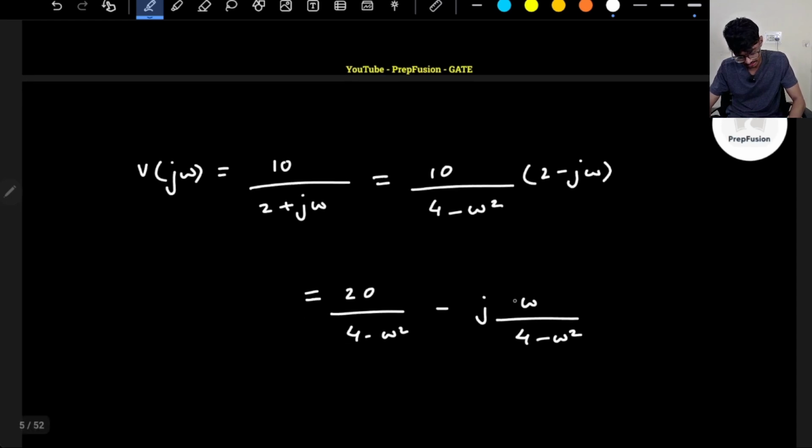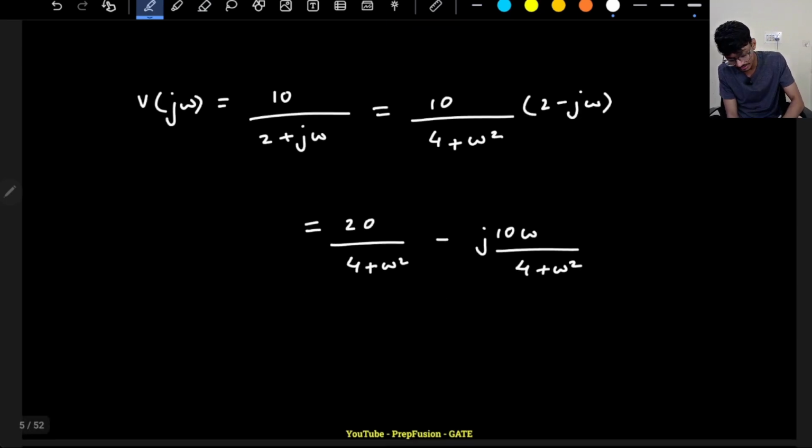Okay, of course 10 is there. This will be 10 omega upon 4 minus, not minus, sorry, this will be plus, right? Because a square minus b square, there is j as well, j square becomes minus 1, ultimately it is plus only. So this will be 4 plus omega square. Okay, so now this is basically your x value and this is basically your y value.